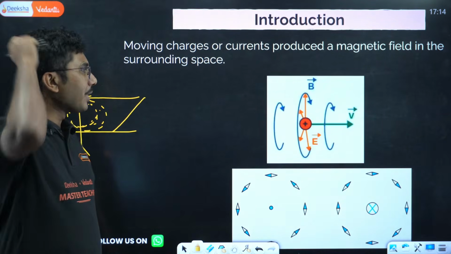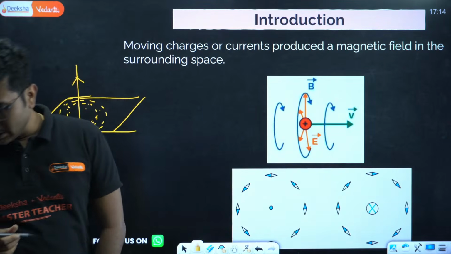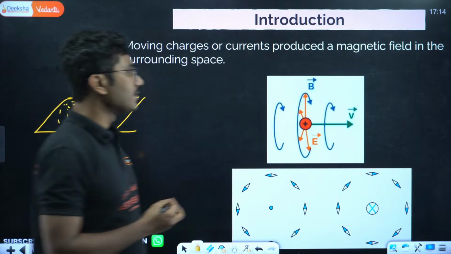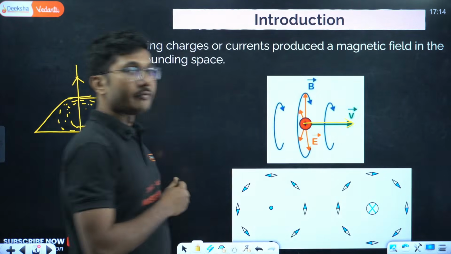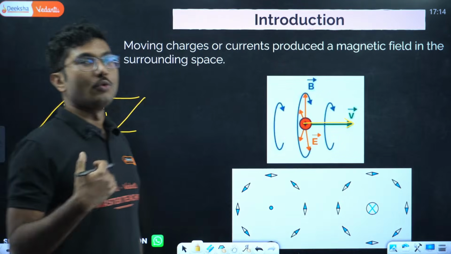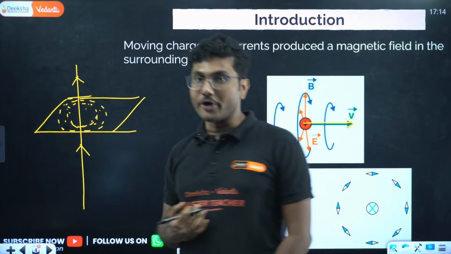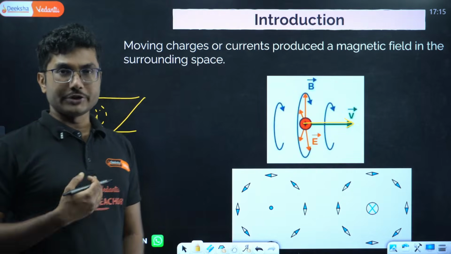That was one of the interesting parts. Now, instead of a current, even if there is a moving charge, a single charged particle, even if it is moving, it will also produce its own magnetic field. So current carrying conductors or a single moving charged particle also produce their own magnetic field.